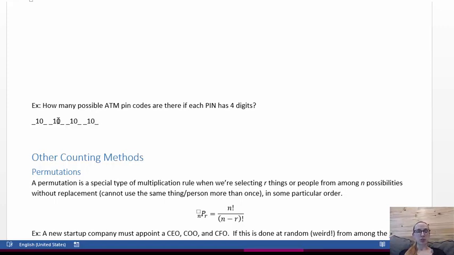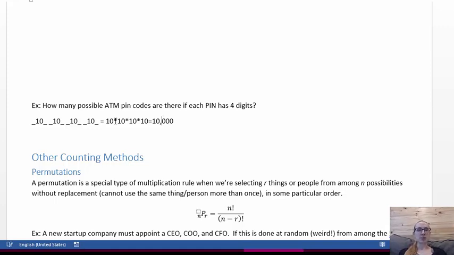What the multiplication counting method tells us is that if you have these repeated selections with a certain number of options in each one, the total number of options is just the product of all of those possibilities. So in this case, that would be 10 times 10 times 10 times 10, or one with 4 zeros, or 10,000 possibilities. So there are 10,000 possible ATM PIN codes.